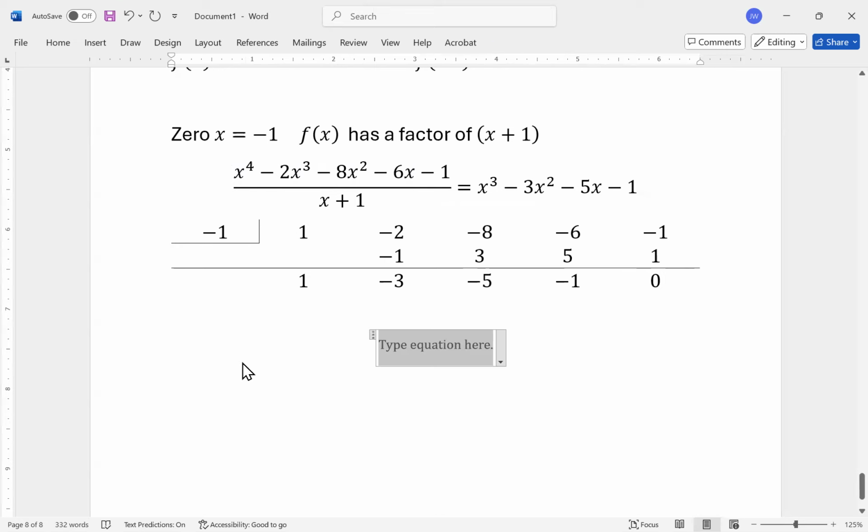Now I know that the polynomial, the f of x, can be factored as x plus 1 multiplied times that cubic polynomial that I just got through division.